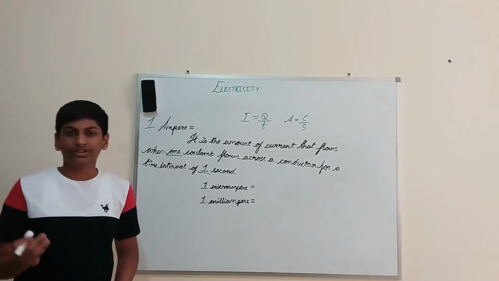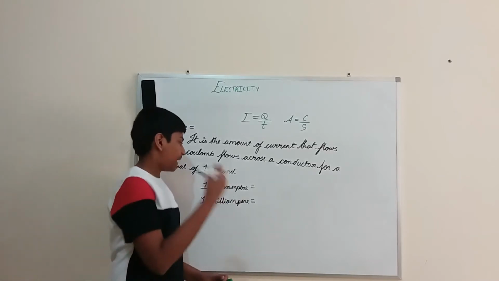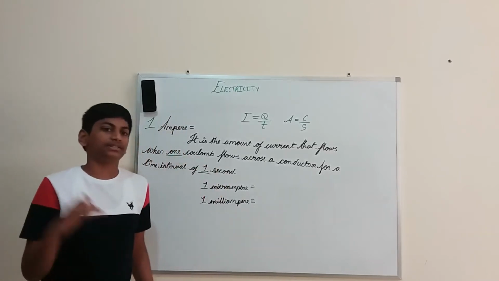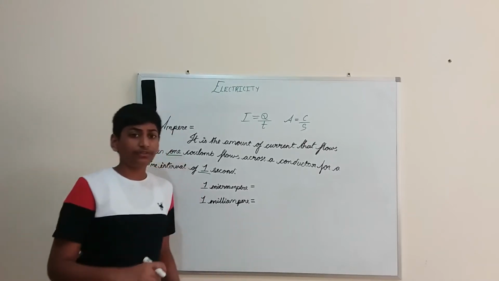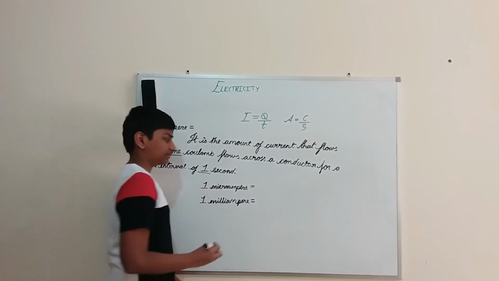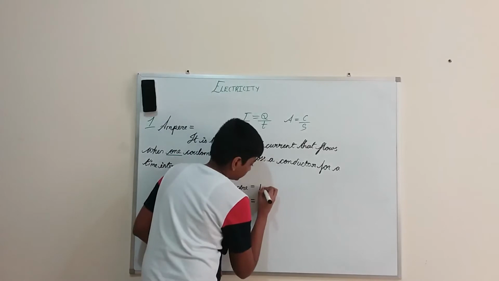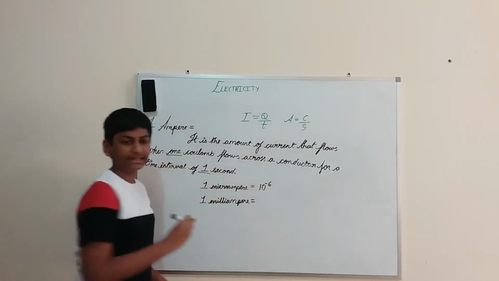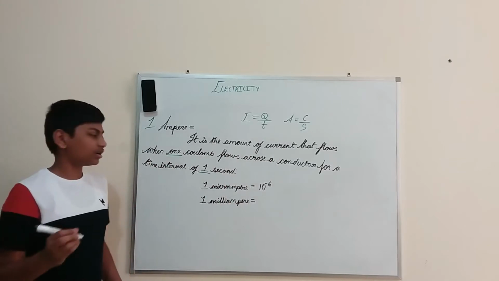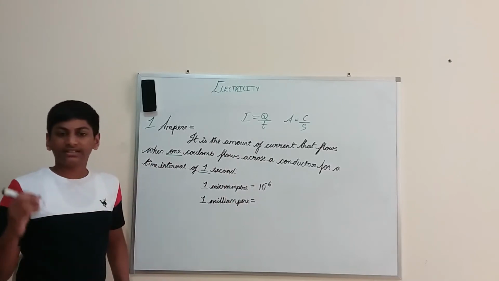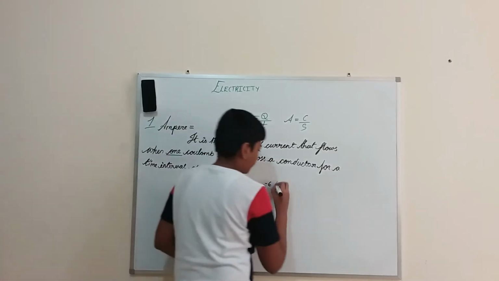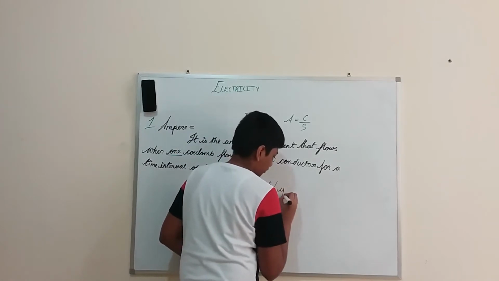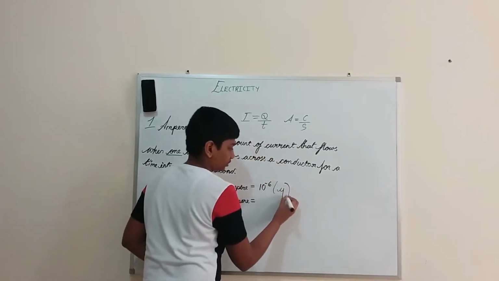Now what are a microampere and a milliampere? Sometimes in a question you may get a microampere or a milliampere. The value of a microampere is 10 raised to minus 6, and it is written with the symbol mu, like a U shape.